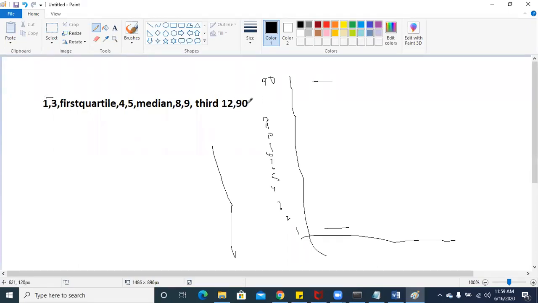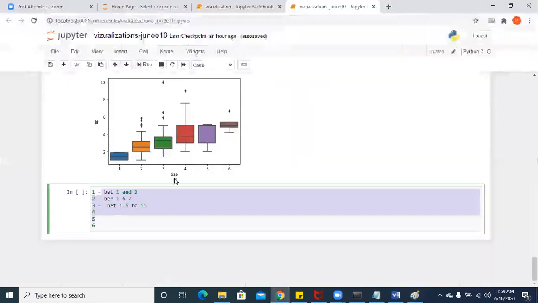So that's the reason it is considered an outlier, and a dot is printed over here. So from 1 to something like 10, this 11 is considered an outlier, so a dot is drawn.